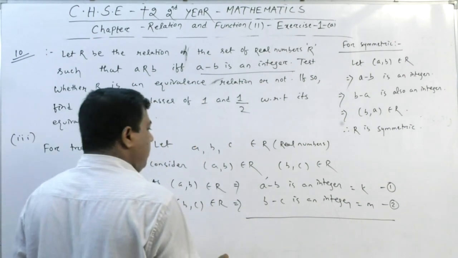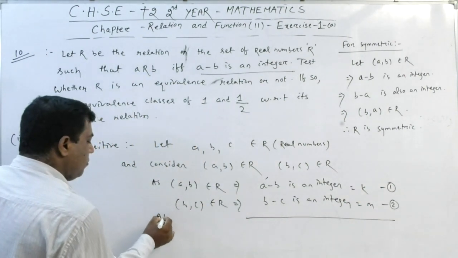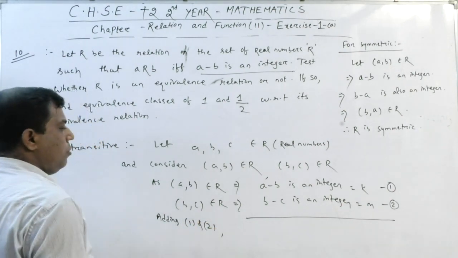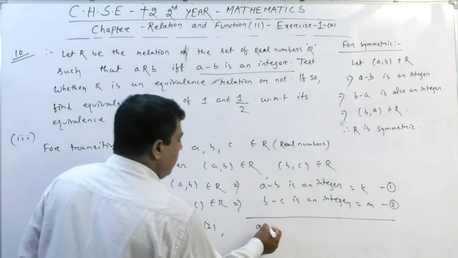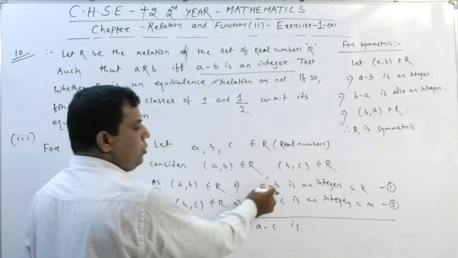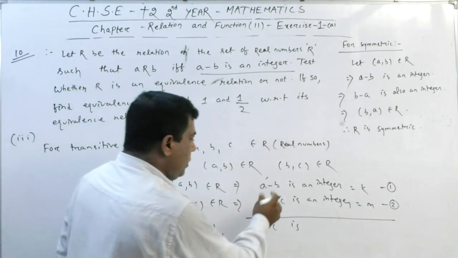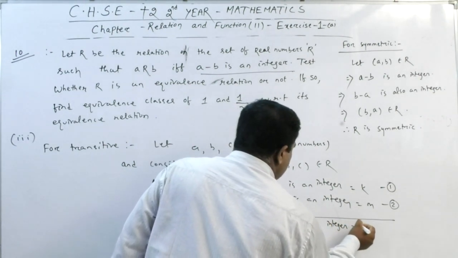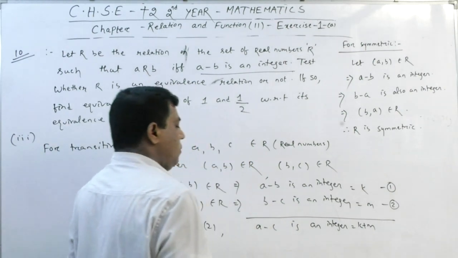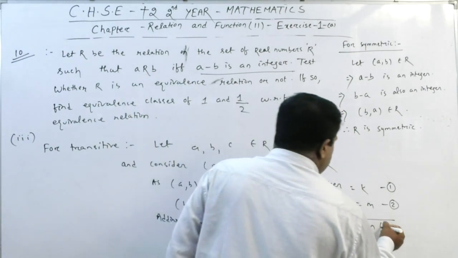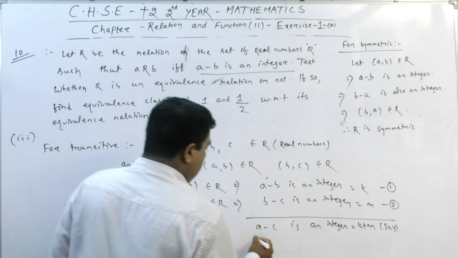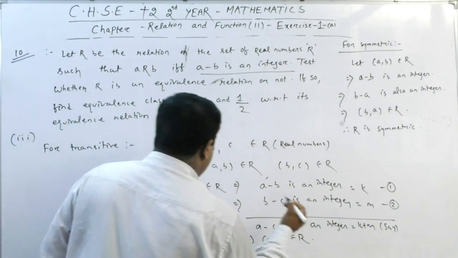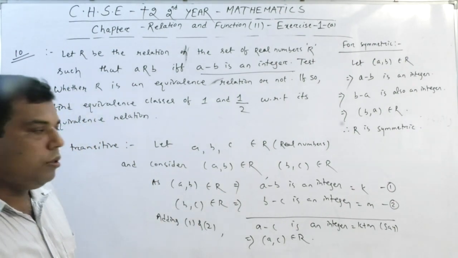Now if I add them, a minus c, minus b plus b cancels, yes or no? So we get a minus c is an integer, which is equal to k plus m. That implies the ordered pair (a, c) belongs to R, yes or no?